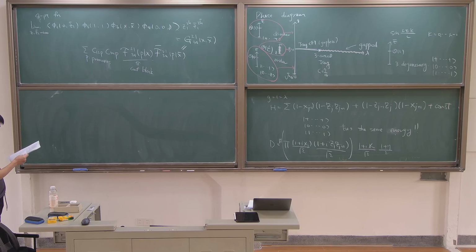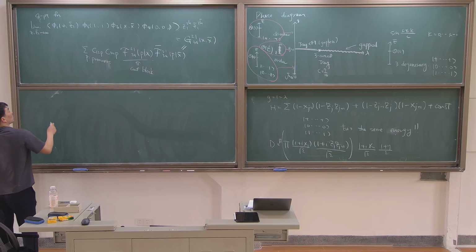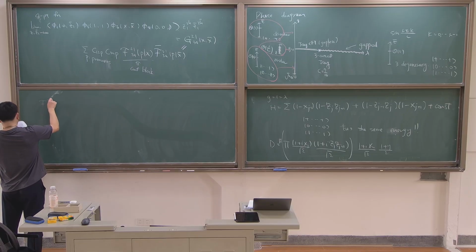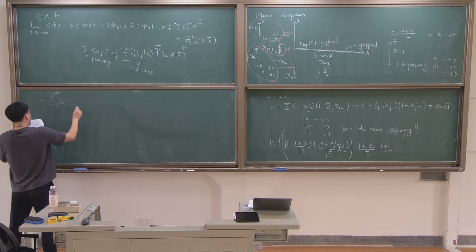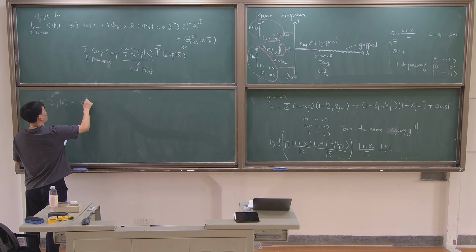The conformal block 2, 1, 3, 4, P of x can be obtained as follows.